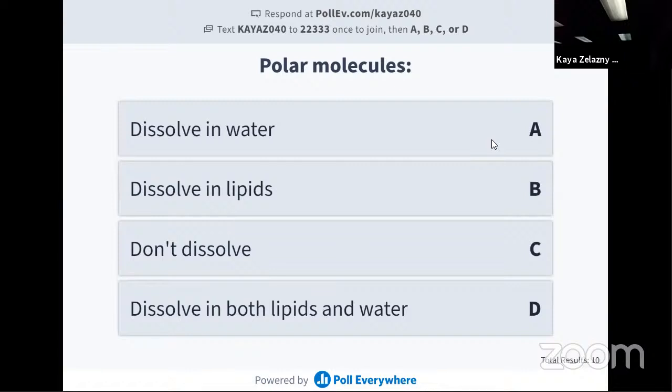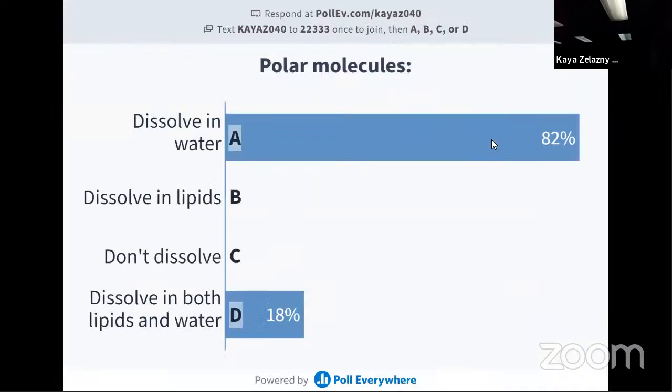Thinking about polar molecules, really for all our molecules, we're thinking about our interaction with water. Our polar molecules tend to have those oxygens in them, those hydroxyl groups. They're going to interact with that water. They're going to be attracted to the water.